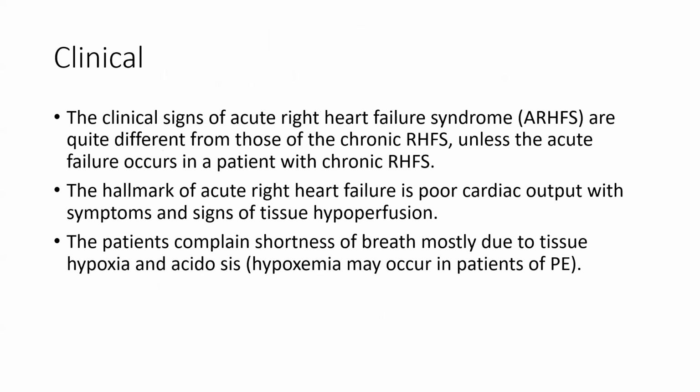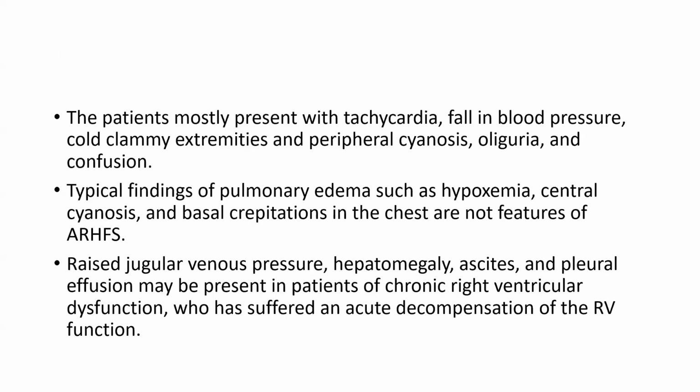The hallmark of acute right heart failure is poor cardiac output with symptoms and signs of tissue hypoperfusion. The patient complains of shortness of breath, mostly due to tissue hypoxia and acidosis. The patient mostly presents with tachycardia, fall in blood pressure, cold clammy extremities, peripheral cyanosis, oliguria, and confusion.